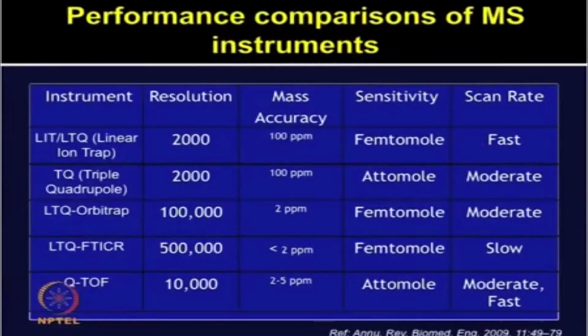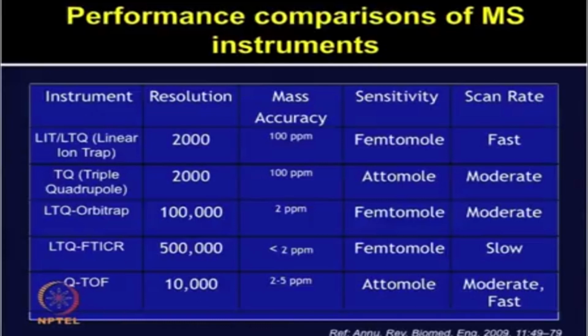So, finally, there are so many mass spectrometers currently available commercially. Depending on an individual's application, one can select different types of configuration. Based on an excellent review from Yates and colleagues, I have provided this performance comparison of MS instruments in the following slide.